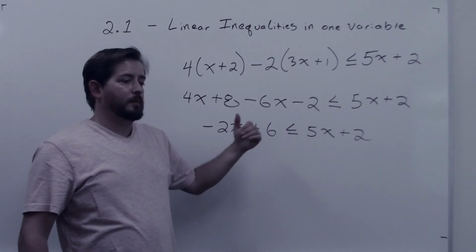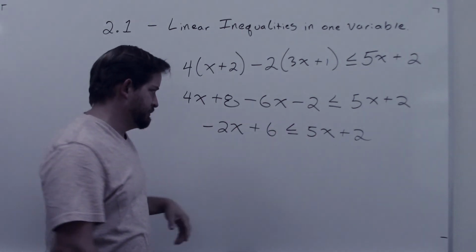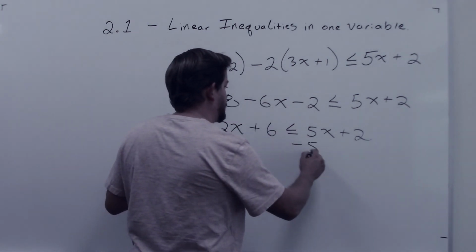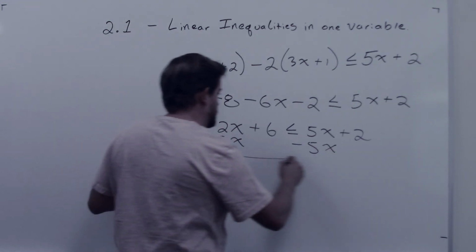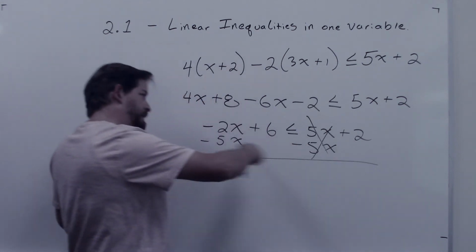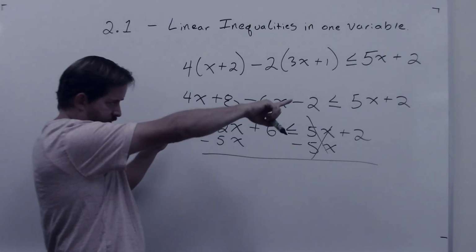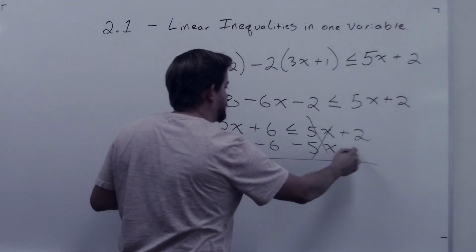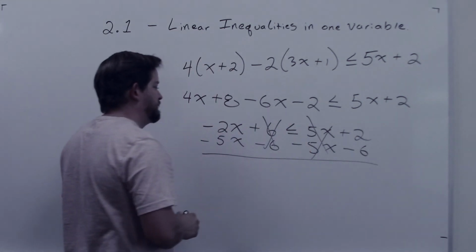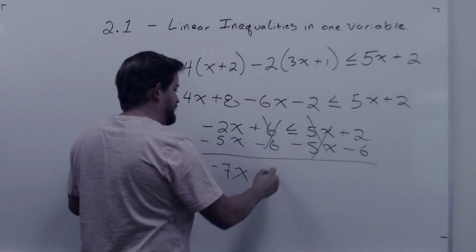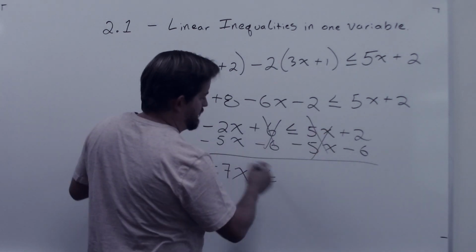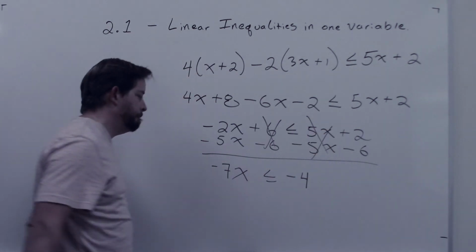It doesn't matter what I'm adding or subtracting, and therefore I can subtract 5x from both sides without having to worry about the sign being changed. And since I'm dragging my x's to the left, I'm going to push this 6 off to the right by subtracting it from both sides in that same step. So that gives me minus 7x less than or equal to negative 4, right?